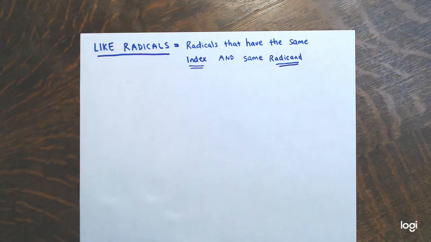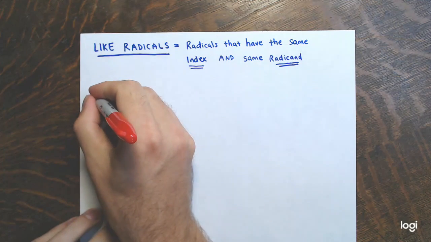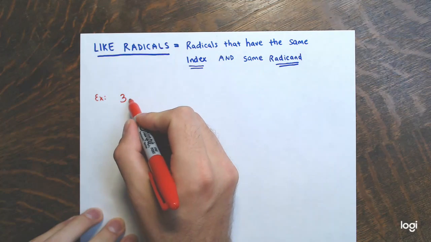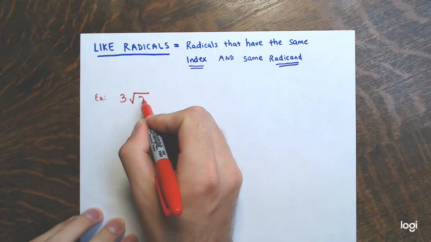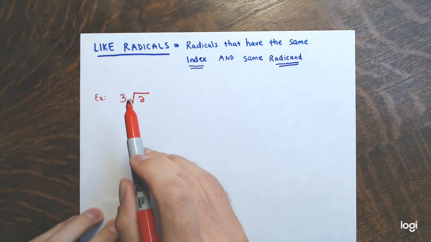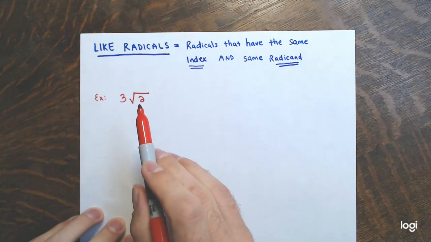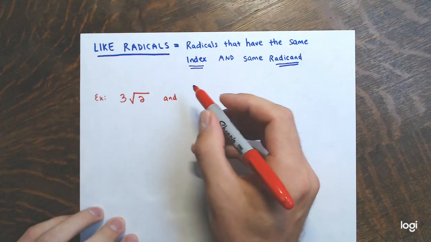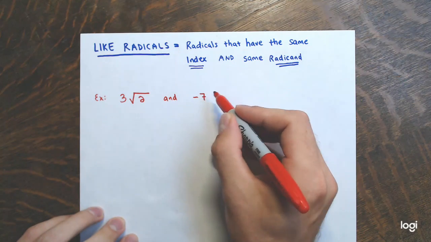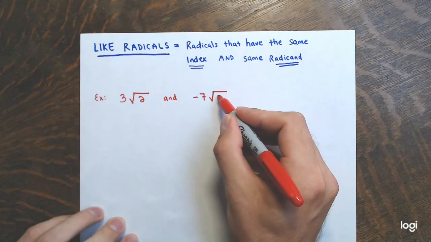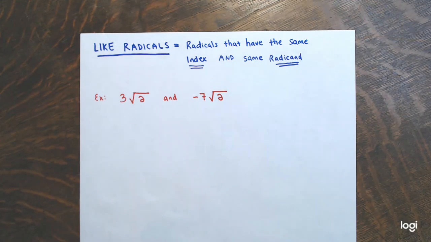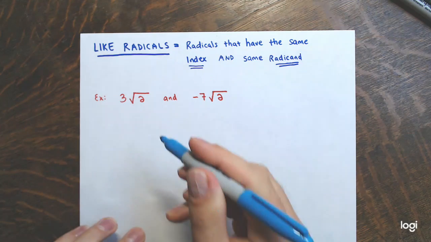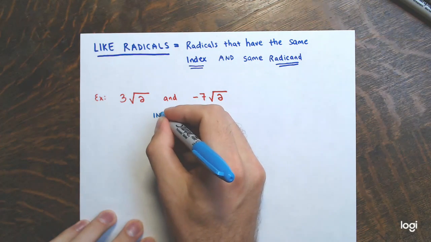So for example, 3 multiplied by the square root of 2. This is a radical expression, it has a radical symbol in it, the square root symbol. And say negative 7 times the square root of 2. Notice in both of these, the index is the same.